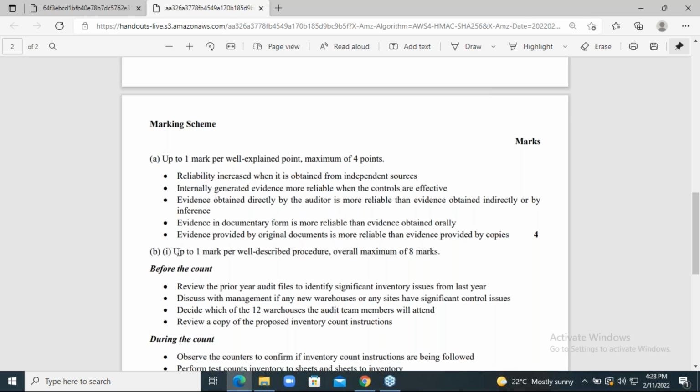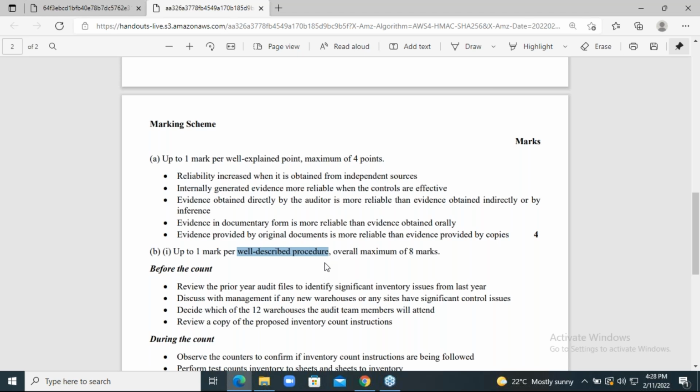Now the answer is that you can write 4 procedures, and you can get 4 marks by writing 4 procedures, but they should be well described procedures. If they are not well described procedures, you cannot get full marks.